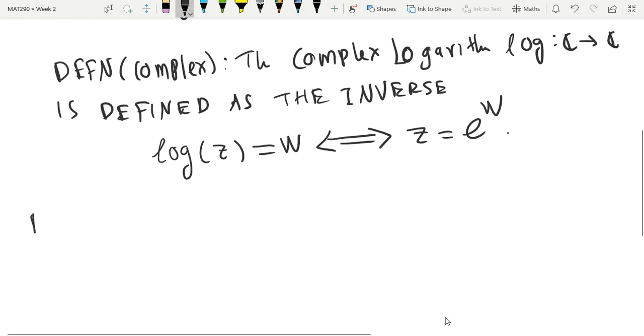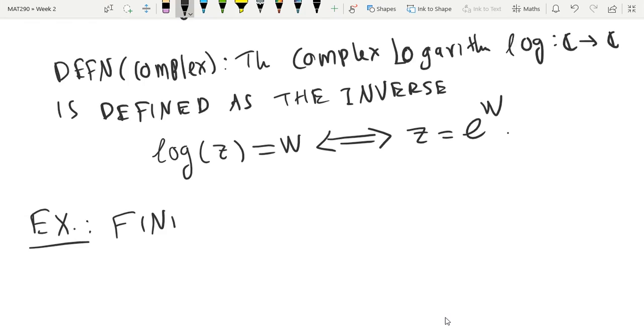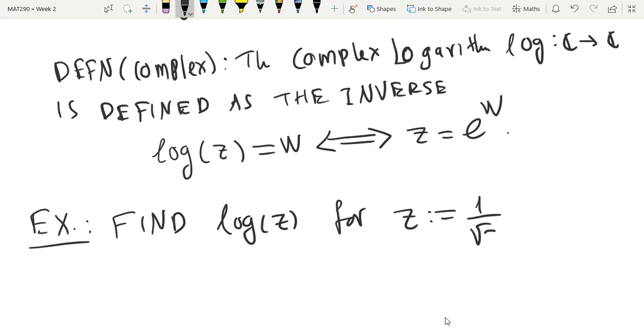Let's do an example to get a handle over this. Find log of z for z defined as 1 over square root 2 plus i over square root 2.